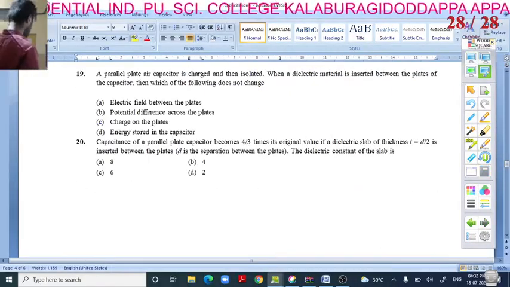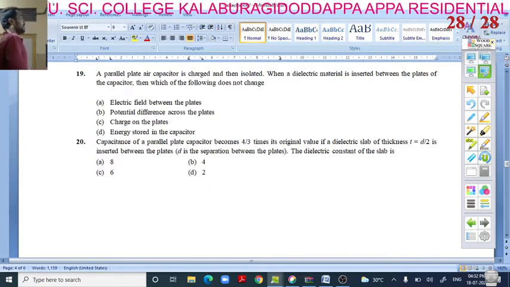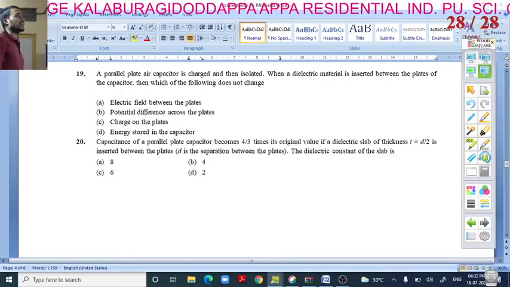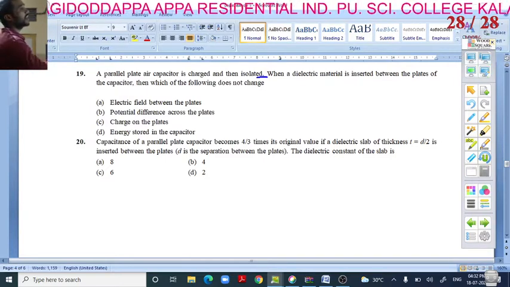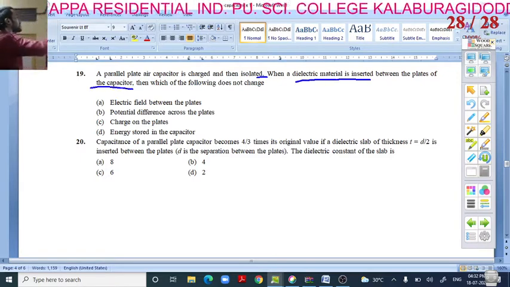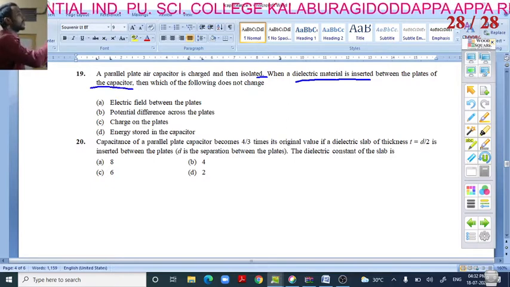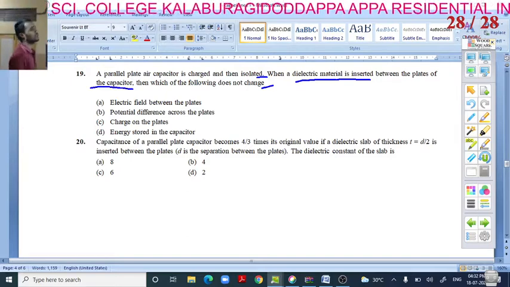Question 19. A parallel plate air capacitor is charged and then isolated. When a dielectric material is inserted between the plates of the capacitor, which of the following does not change? Which of the following does not change?